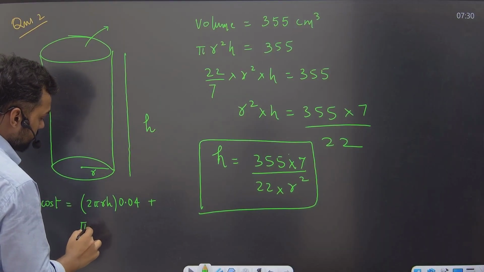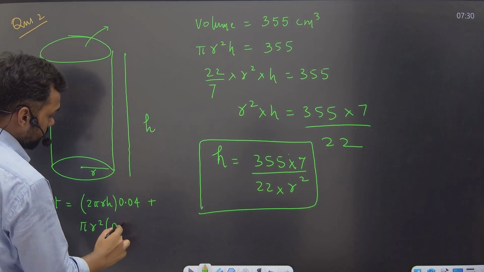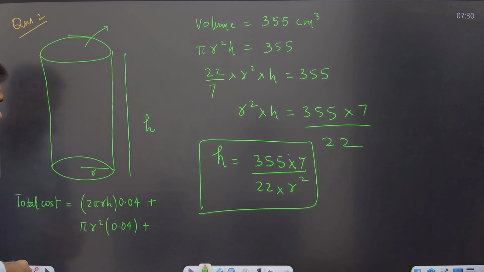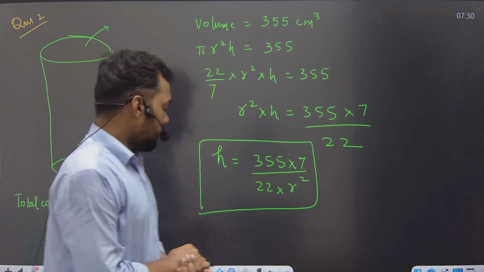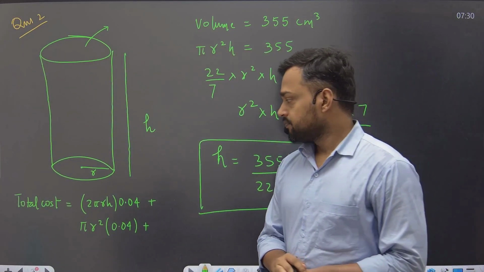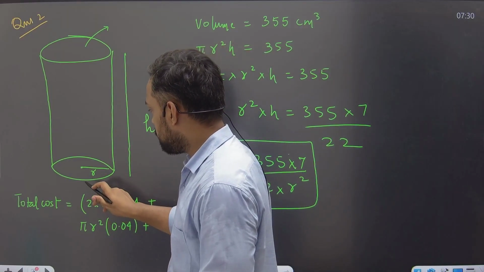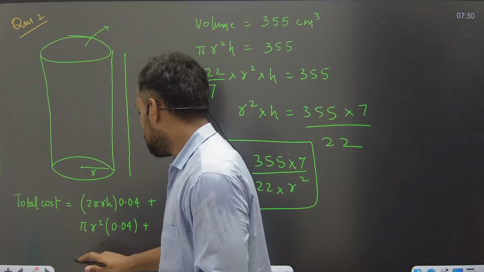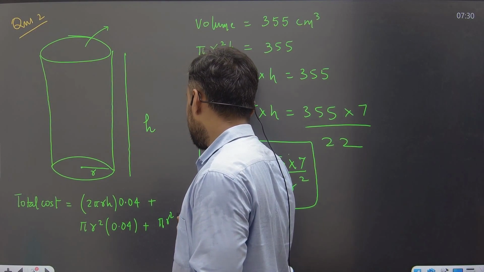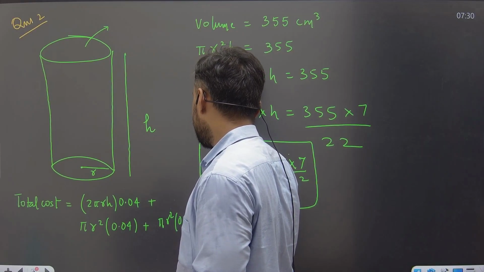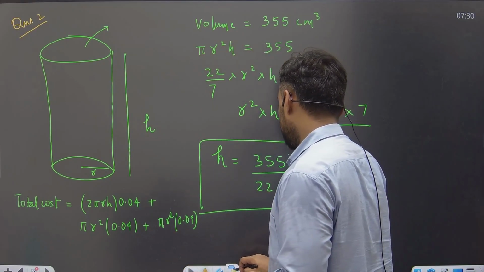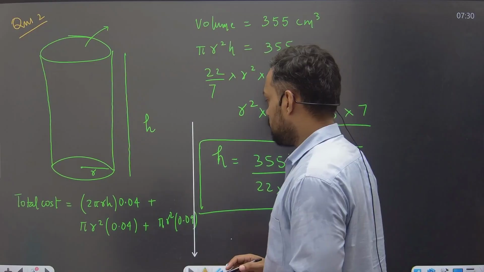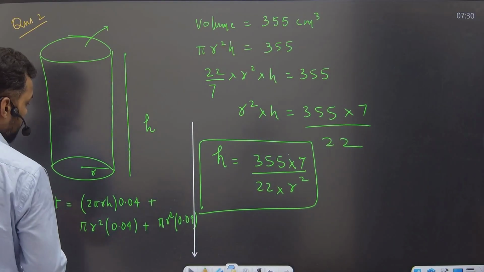So pi r square into 0.04, because the curved surface area and one of the bases cost 0.04. Now the other base area is costing 0.09, so pi r square cross 0.09. So this is the total cost of the cylinder which will be required here.